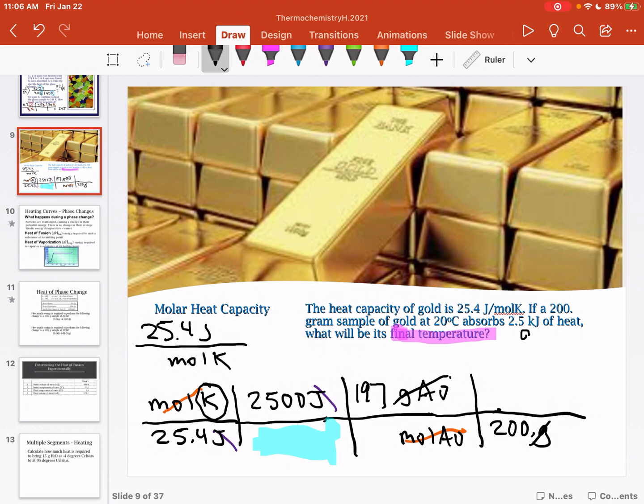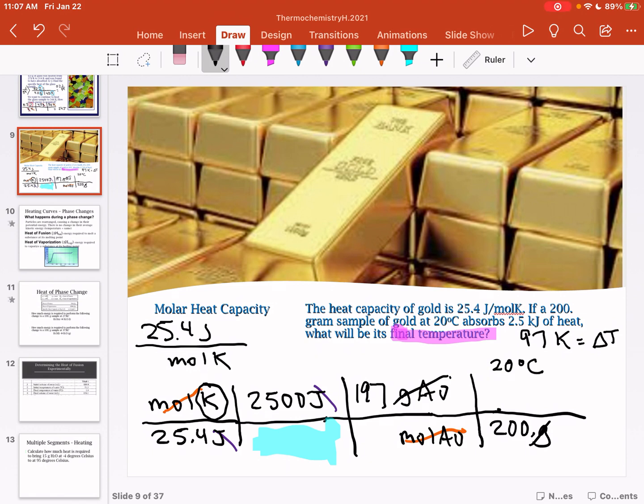And now what we know about that is that it is not our final temperature. 97 K represents the change in temperature. It started off at 20 degrees Celsius, and it went up by 97 K. As we said, a delta T in Celsius and a delta T in Kelvin is the same thing.